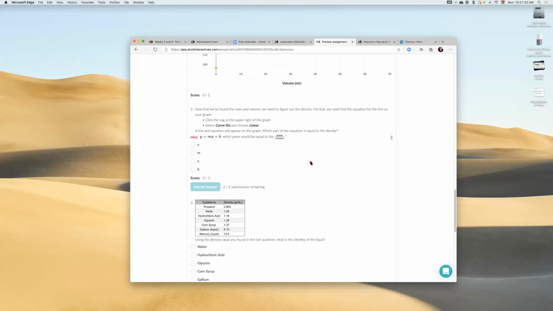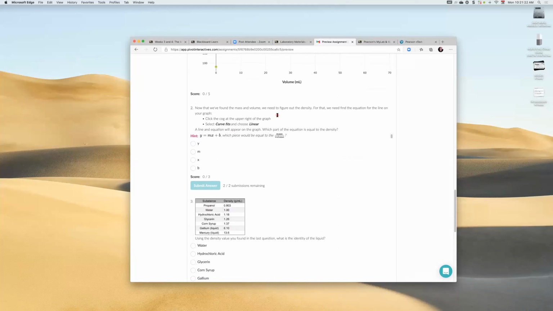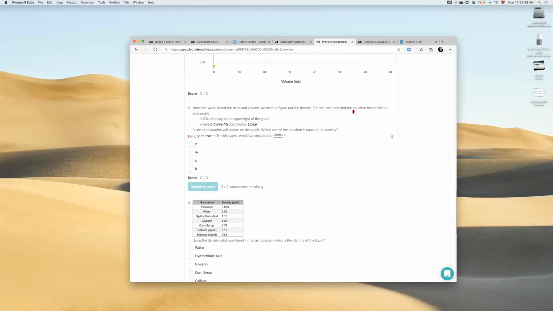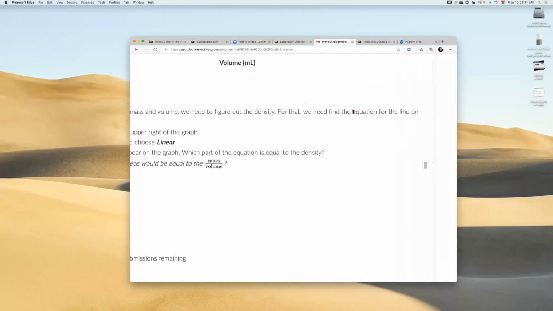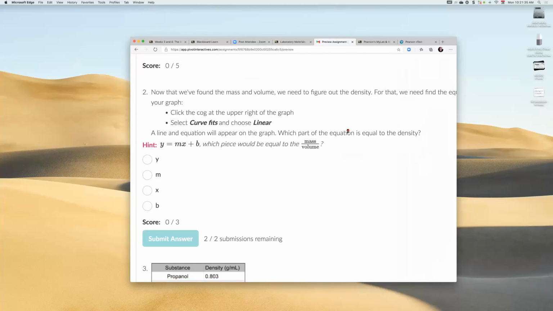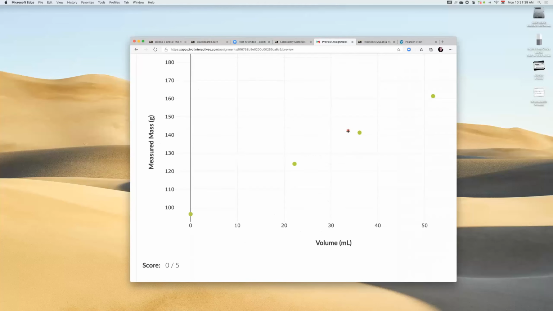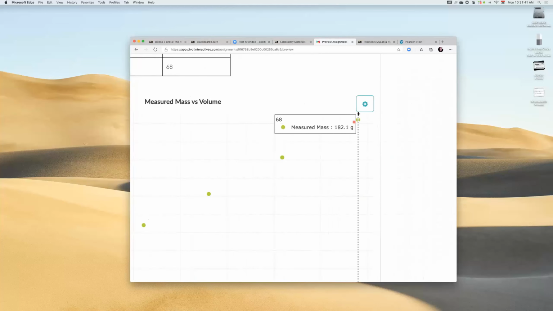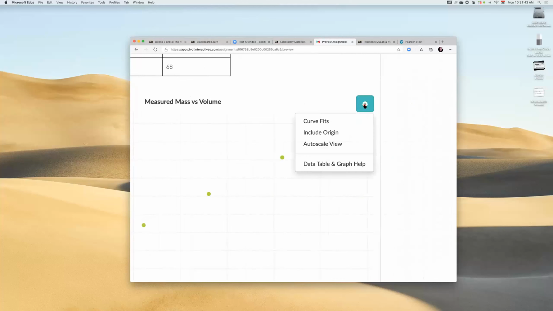Now, let's see what they say here. Now that we have found the mass and volume, we need to figure out the density. For that, we need to find, let me make it bigger, the equation for the line on your graph. So click the cog at the upper right of the graph. Okay, let's see that. That's the cog.